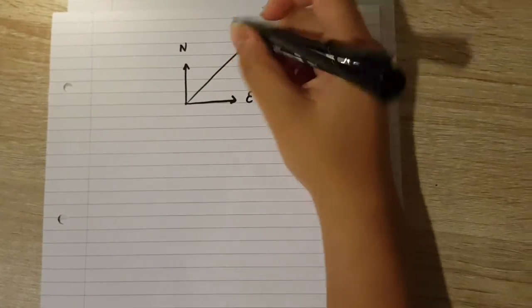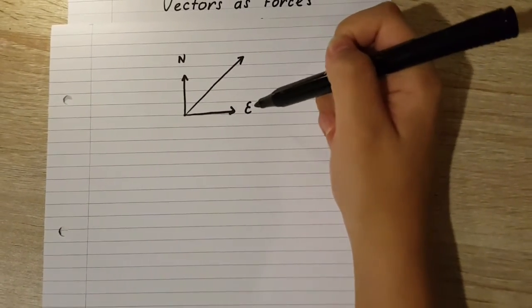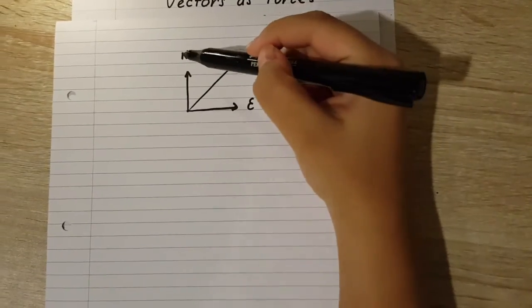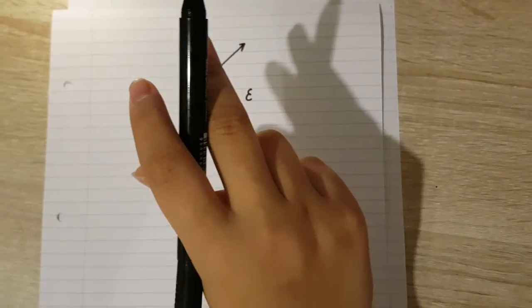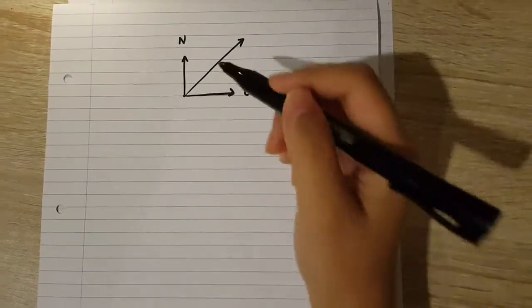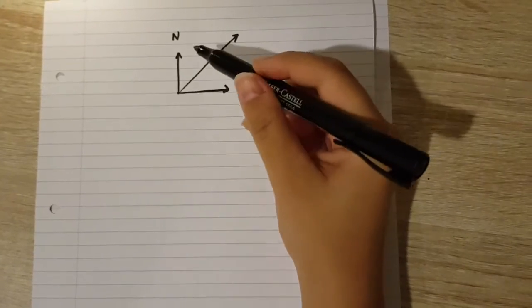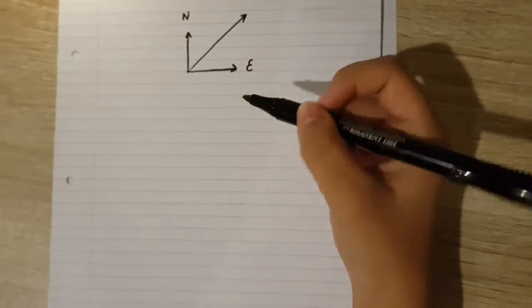Basically, this resultant is a combination of the vector which is going to the east side and the one which is going to the north side. There are two ways to get the resultant: head to tail, and this kind of combination when both of the vectors are directed in different directions.